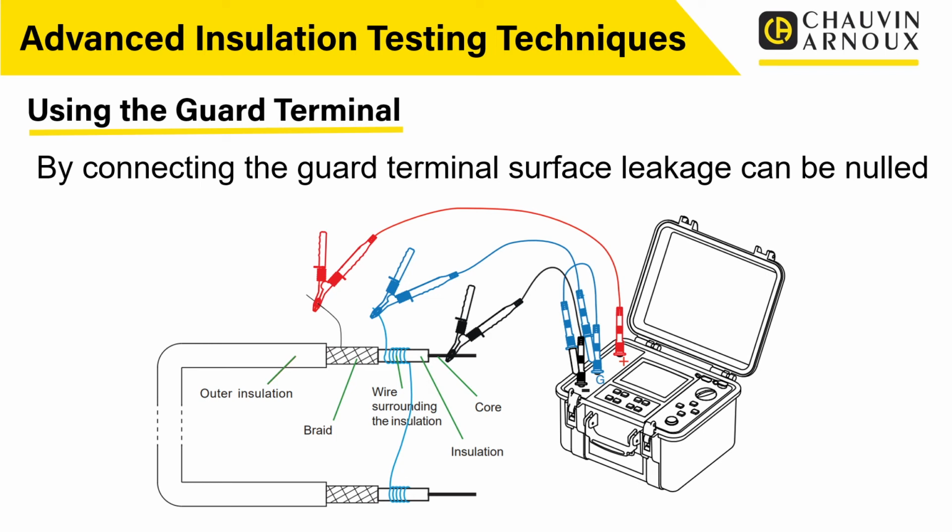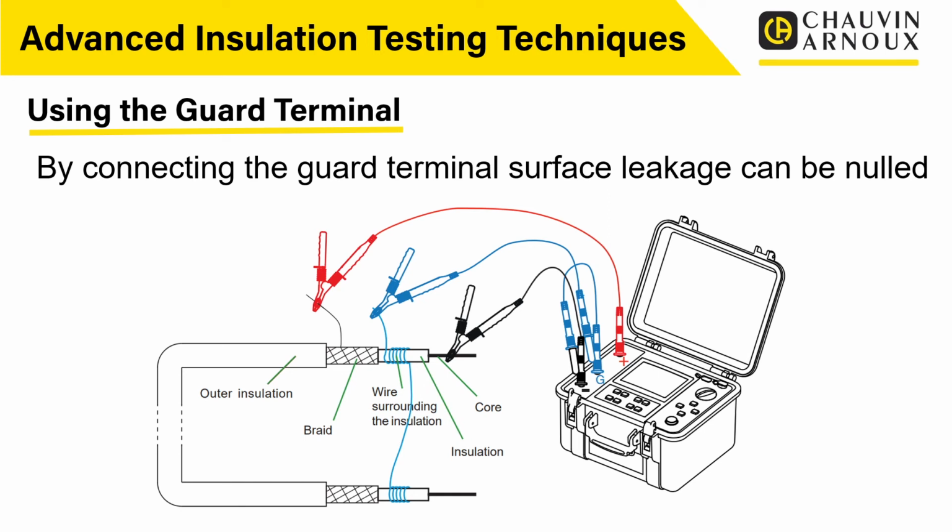And by connecting the guard terminal, the surface leakage can be effectively nulled from the readings. What that does is offer that leakage current a separate path back, which is omitted from the actual test that we're carrying out, and it effectively nulls that out.